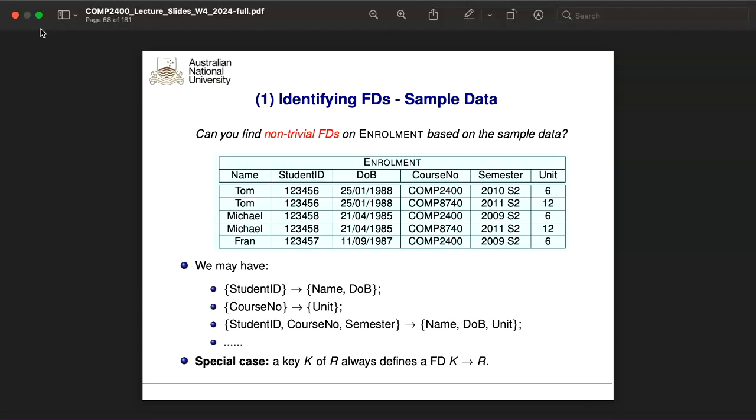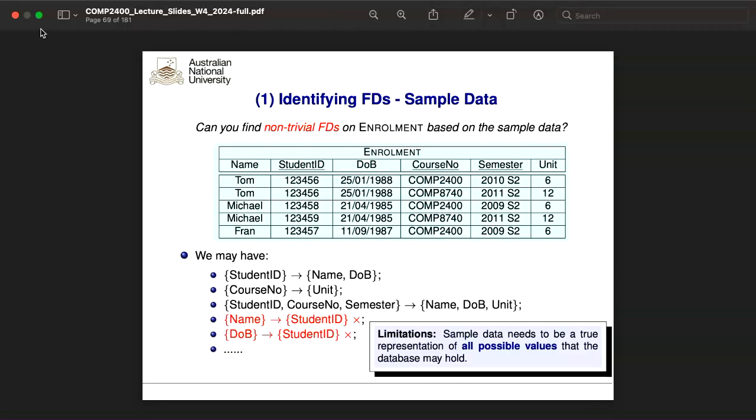For example, COMP 2400 is 6 units. This just sounds like common knowledge, and it can also be checked through this sample data. Or we may have student ID, course number, and semester determines name, date of birth, and unit. One important thing is that a key is always a functional dependency. In that sense, X is the key attributes and Y would be all attributes in the relation schema.